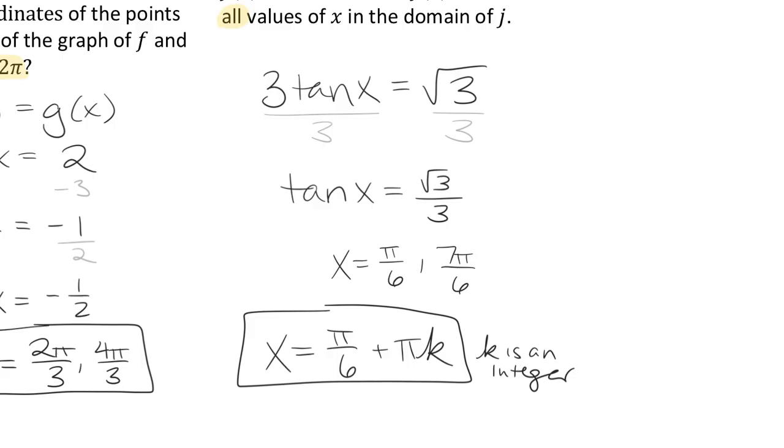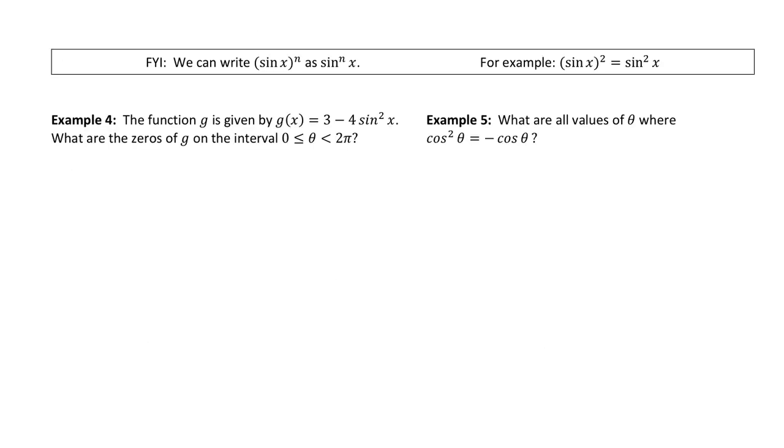We're following along. We're isolating. We're thinking about a unit circle. We're thinking about domain restrictions. Here's one of the ways it can get harder. If we start talking about higher order polynomials, we have to start understanding the notation that is used with trig functions to talk about squaring these trig functions. It could be very confusing trying to square a trig function when it's written like this: sine of x squared.